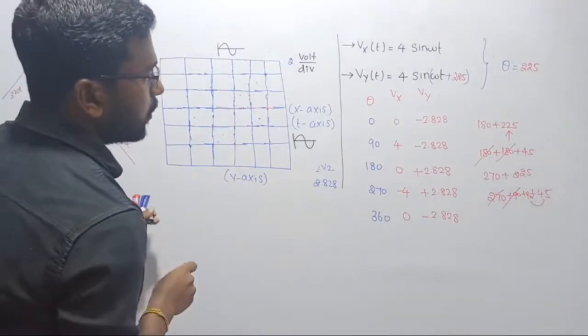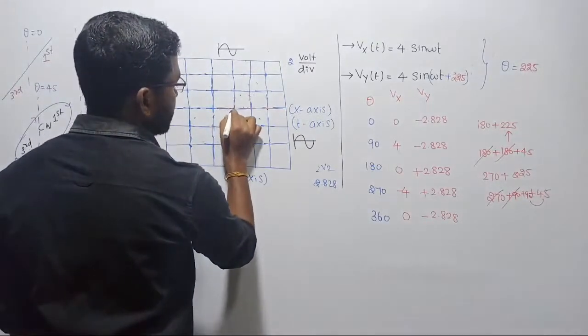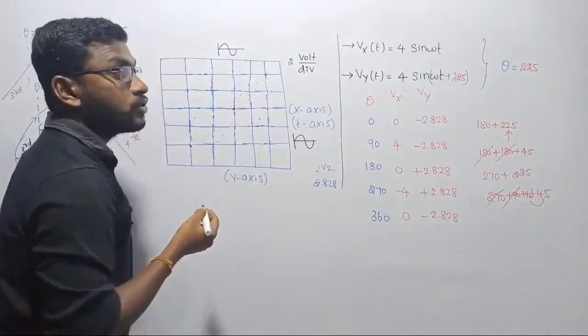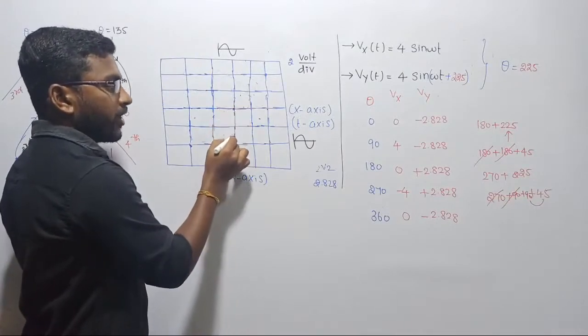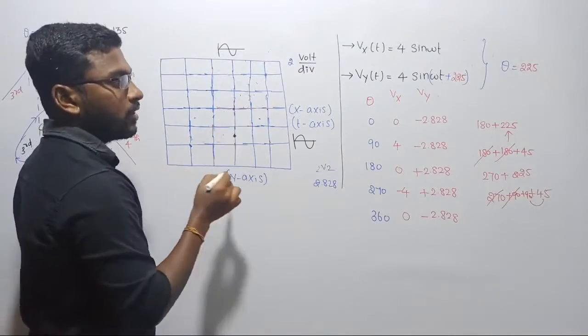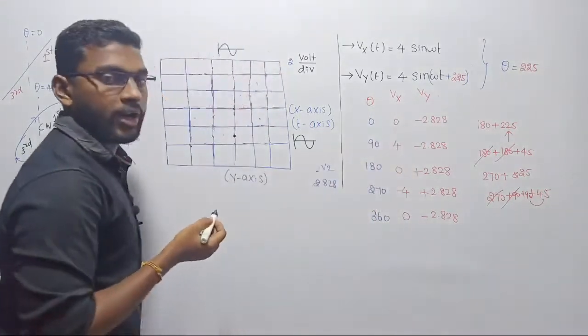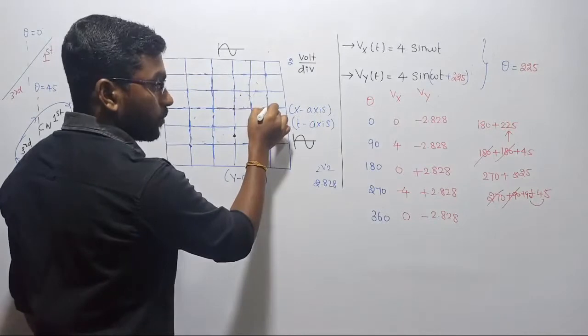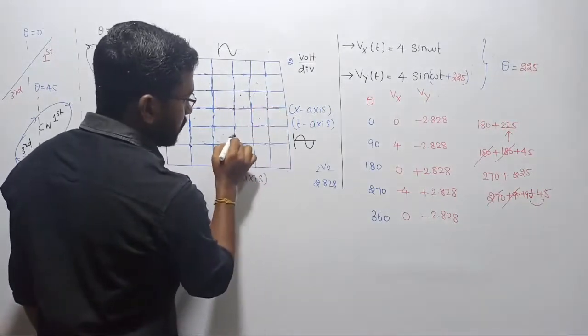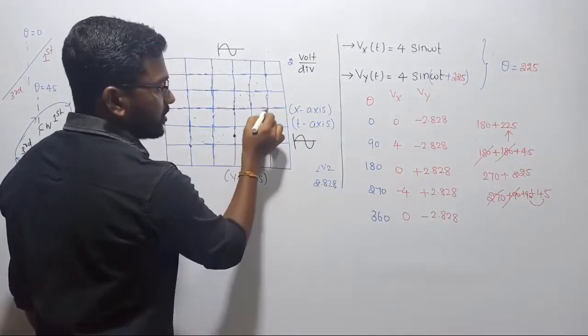First of all, X equal to 0, the center point, Y is minus 2.828, somewhere here. And then X is 4, Y is minus 2.828. Where is X equal to 4? X equal to 4 is this one. Plus 4, minus 2.828.